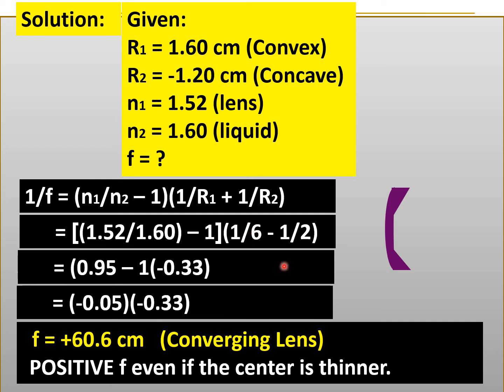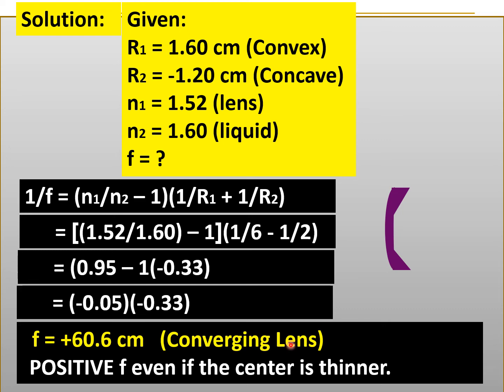And when you simplify that, remember to get the reciprocal, because we are looking for f, not 1 over f. The value that we will get is a focal length equal to positive 60.6 centimeters. Since it is positive, our conclusion is that it is a converging lens.